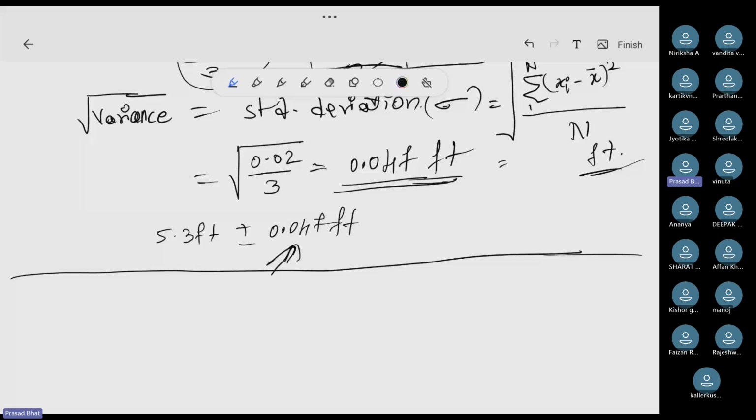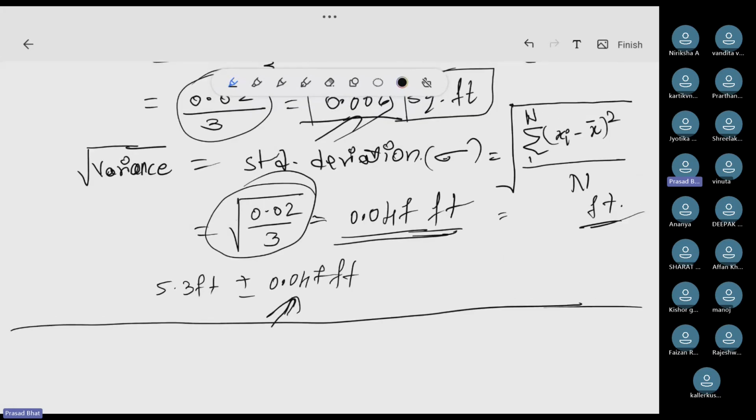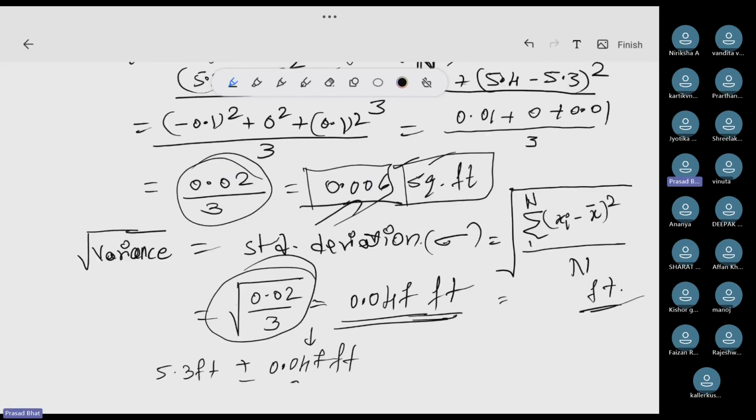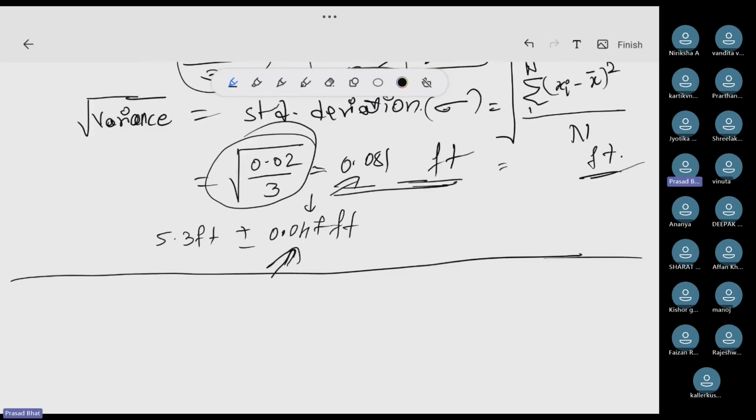Since you have taken only 0.006, the answer you are getting is 0.077. That is why I told you to calculate this value. It is going to be a little higher than that, to avoid the approximation errors. I think it must be around double of this. So how much is it? 0.081, correct? This makes sense because 0.047 of standard deviation is really off.